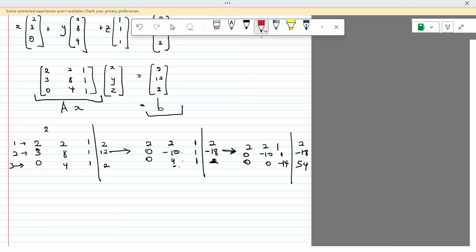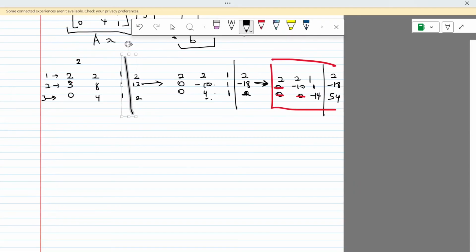So now that we have eliminated the x's and the y's, let me write down our final equation, which will look something like this. 2x plus 2y plus z equals 2, and minus 10y plus z equals minus 18, then minus 14z equals 54.